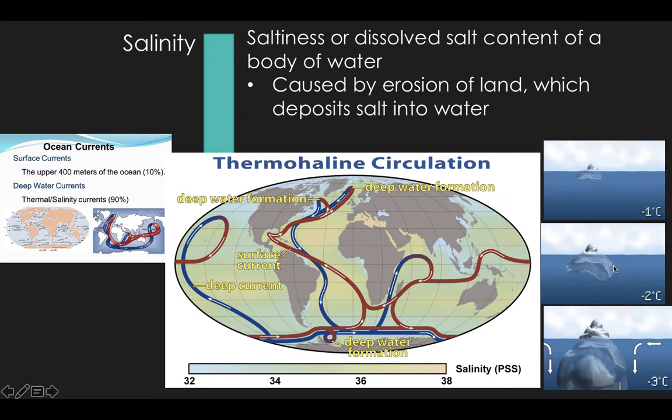So what happens is when ice is formed, the surrounding water becomes more salty because it's just the water molecules that are freezing. So because more and more ice is forming, that means that there's more and more salty water left behind. That extra salty water then is going to sink and then is going to be moving. Okay.